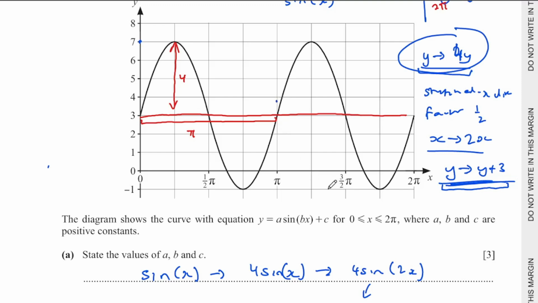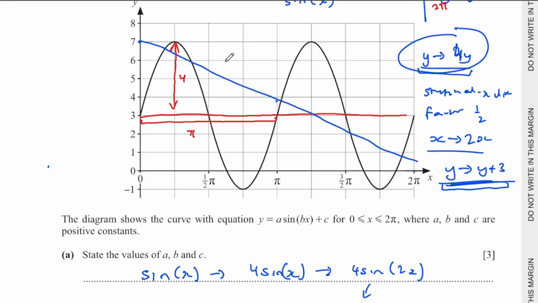And when y is 0, x is going to be 7, which is slightly larger than 2 pi, right? So we're going to have something along this line where it goes on and reaches it somewhere there.